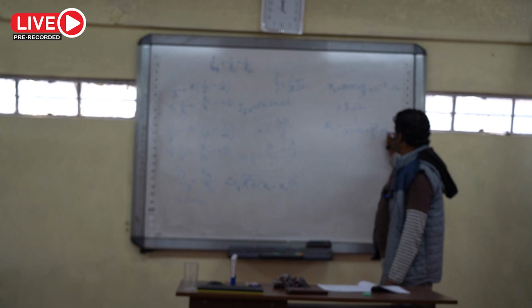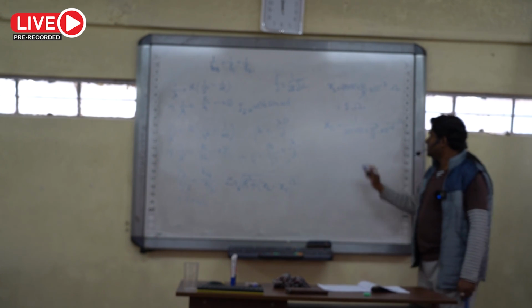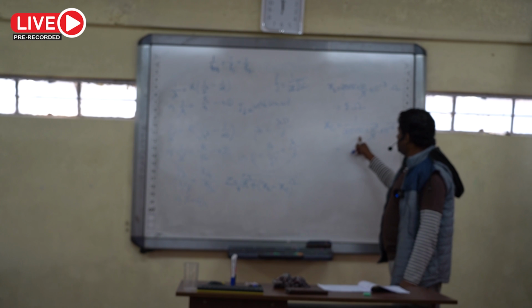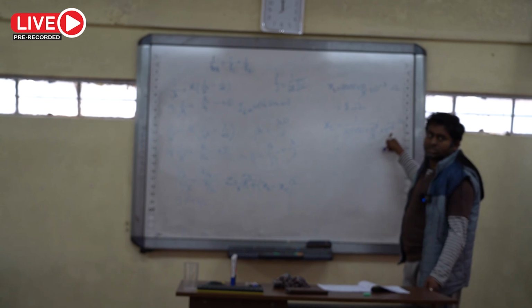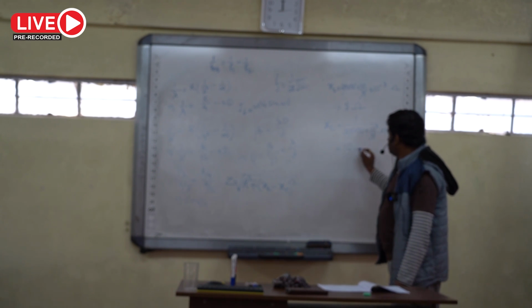Micro means 10 to the power minus 6 must be multiplied. Then the answer will be in ohm. Then pi cancels. It will be 100 into 10 to the power 3, means 10 to the power 5, into 10 to the power minus 6, means 10 to the power minus 1. So it will be 10 ohm.